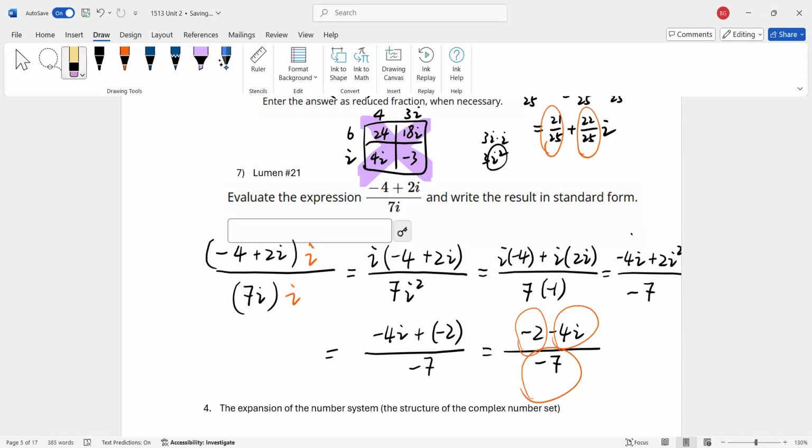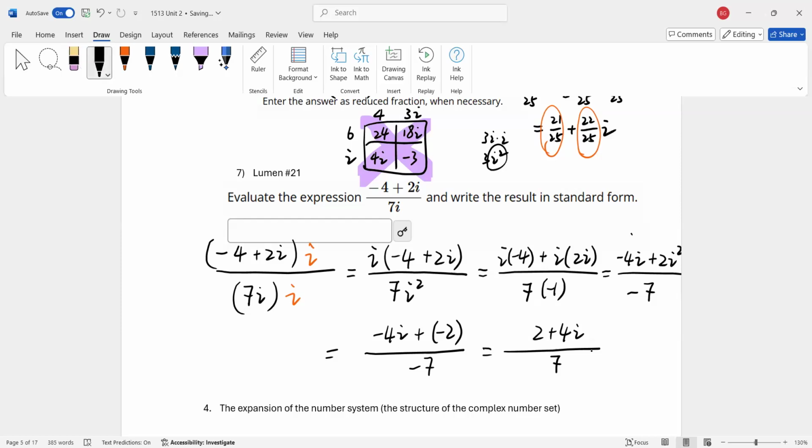When all the three parts have a common factor, we can get rid of the common factor. As you can see, left ear negative, right ear negative, the head negative. If all the three parts are negative, we could just change them all to positive, right? So 2 plus 4i over 7.